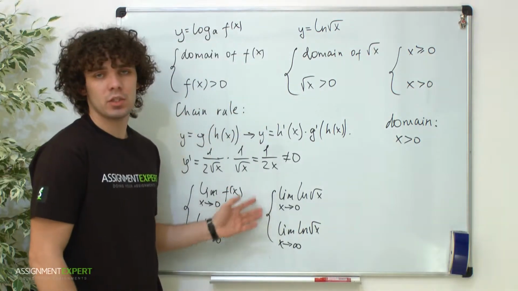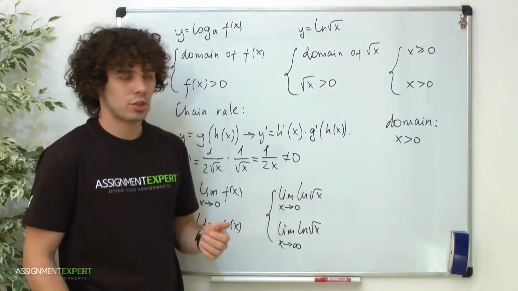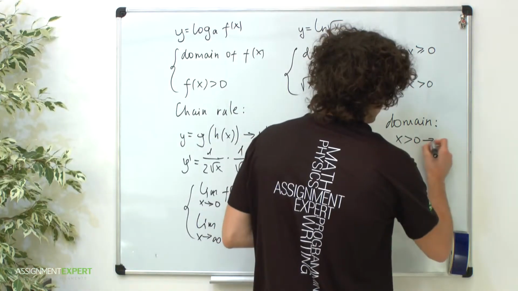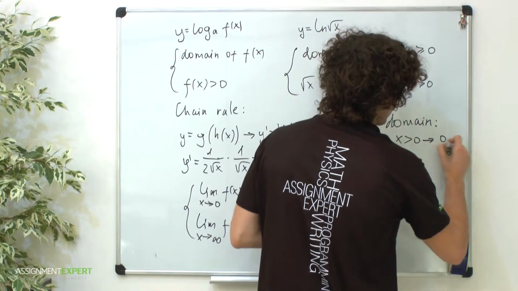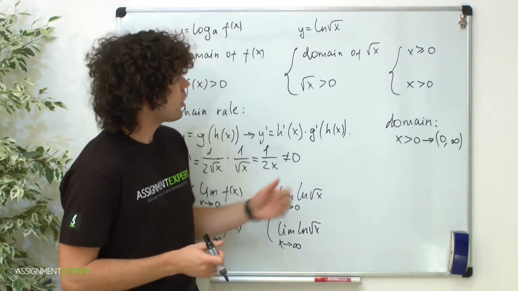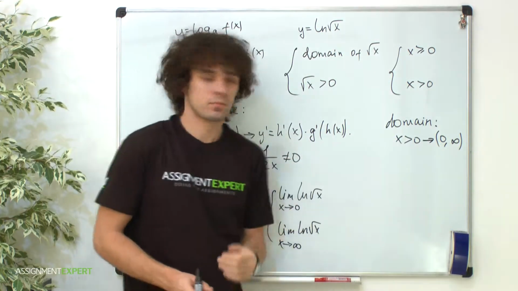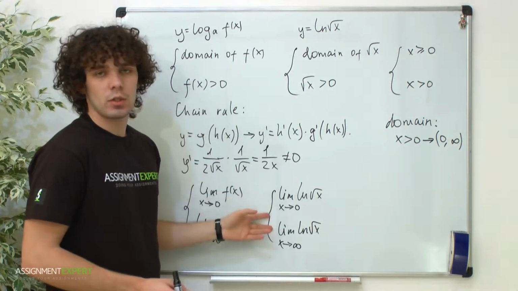Why do we have these two limits? Well, we have our domain, x is greater than 0. We can also represent this as an interval from 0 to infinity. So to find the range of our function, we need to know how the function behaves on both ends of this interval. That's why we have these two limits.